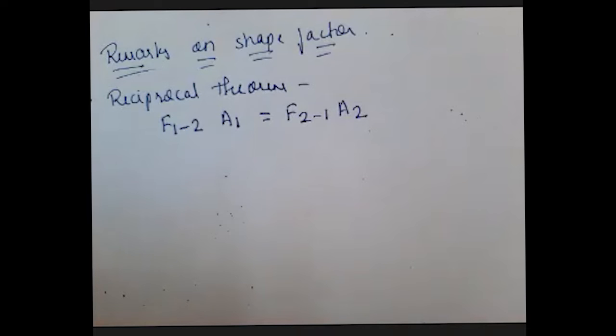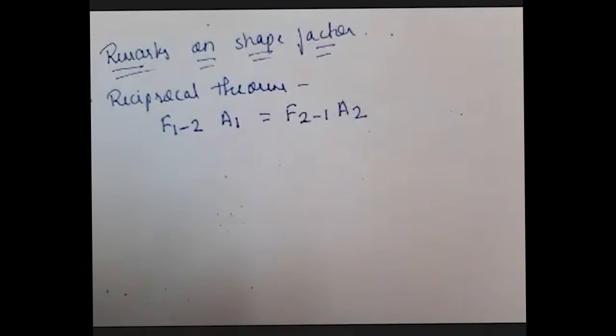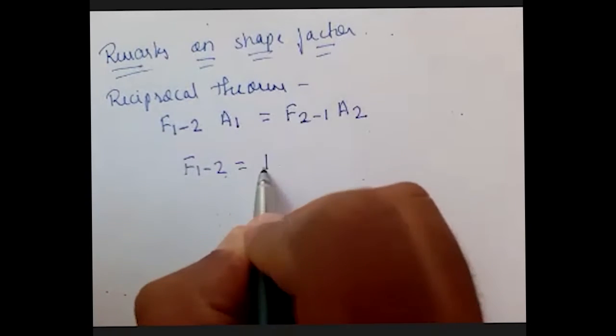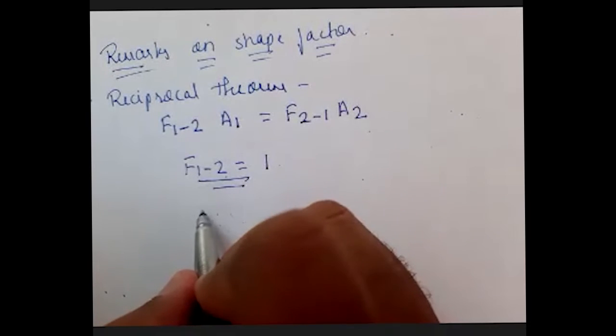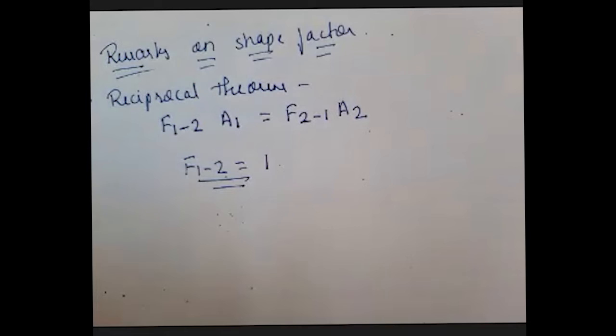That means F12 is equal to 1 when surface 1 is emitting radiation and all the radiation emitted by surface 1 is intercepted by surface 2. Only in that case I can have F12 equal to 1.